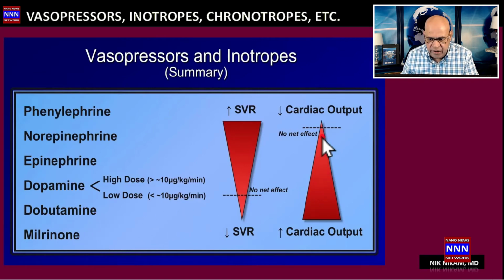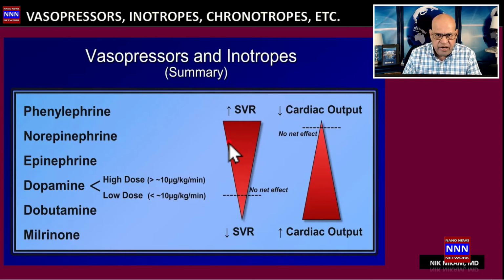Whereas on the other hand, if you are looking at pure alpha stimulation to increase the peripheral vascular resistance, to cause vasoconstriction in patients with distributive shock, septic shock, or neurogenic shock, you prefer a drug that is purely increasing the systemic vascular resistance. Dobutamine has less effect in increasing the systemic vascular resistance, whereas phenylephrine or norepinephrine predominantly increase the systemic vascular resistance.